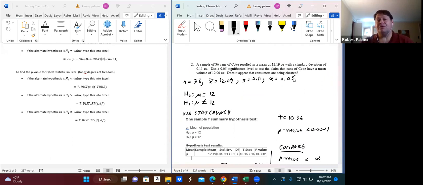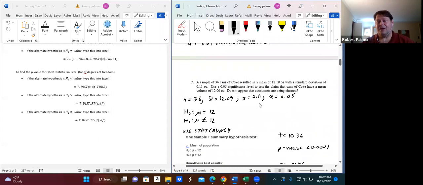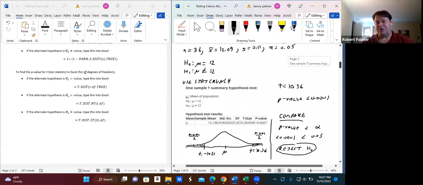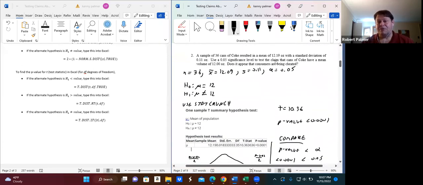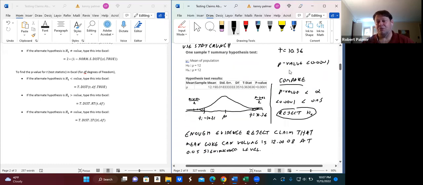The other question: does it appear the consumer is being cheated? Okay, in this case, we'd say no, because it's labeled as a 12-ounce can of Coke, and remember we got our sample mean was larger than 12, and our t statistic was a lot larger.